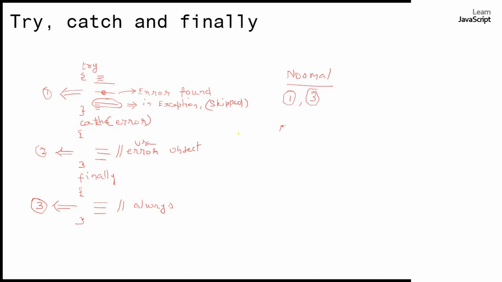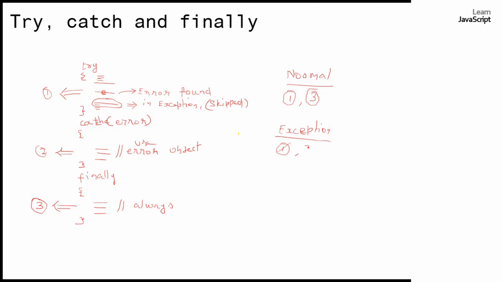In case of an exception flow, code segment 1, that means the try block, will execute, but it is half executed. We are skipping some statements here, right? So let's say we will put it like this. It's executed, and then it's an exception, right?